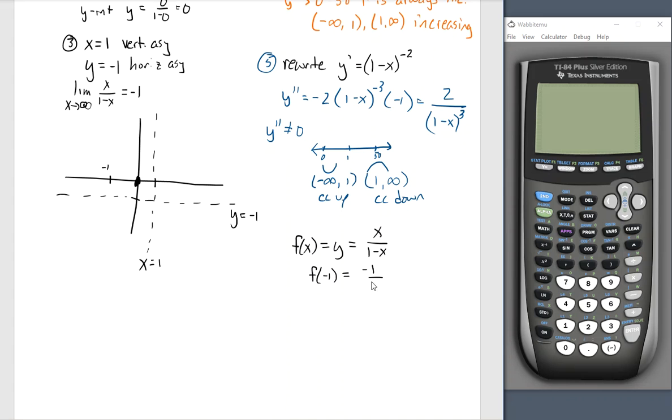We'll get negative 1 over 1 minus a negative 1. Negative 1 over 2 is a negative 1/2. And we could maybe find another value over there. Say negative 3. Negative 3 over 1 minus a negative 3. That's negative 3/4. All right.